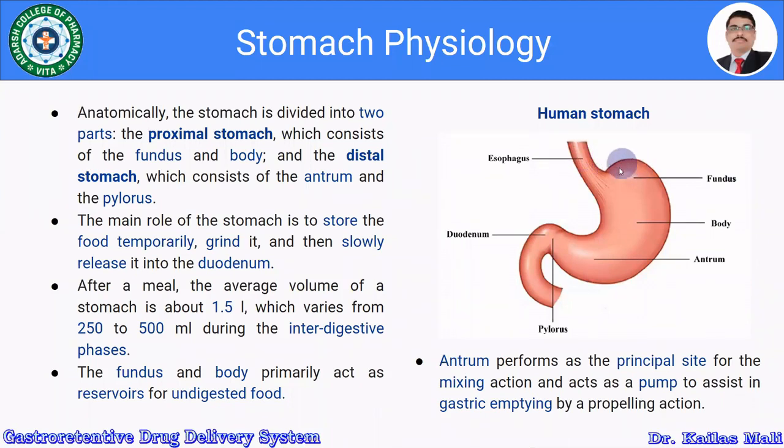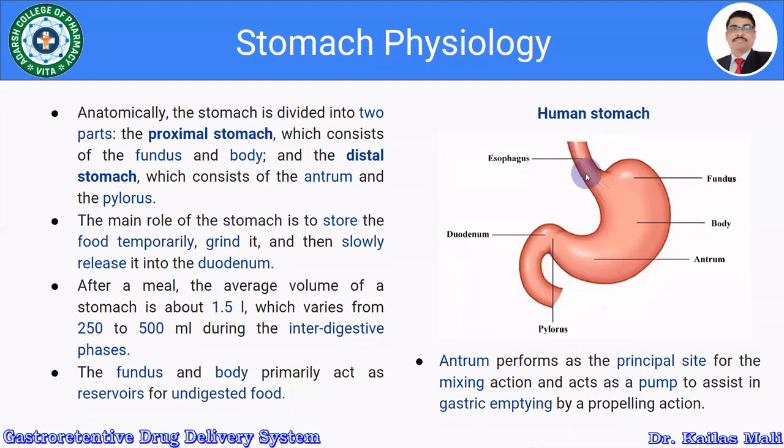The very first part is the proximal stomach, which consists of the fundus and the body, and the distal stomach, which consists of the antrum and the pylorus. So here is the duodenum and this is the esophagus.